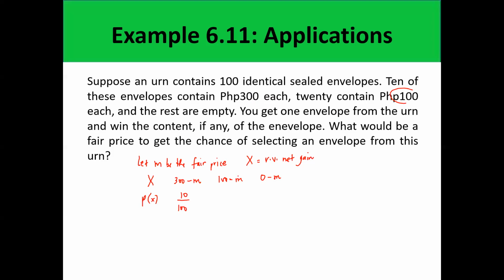And then the probability of winning the 100 pesos will be 20 over 100, while the probability of not getting any of the amounts will be 70 over 100.